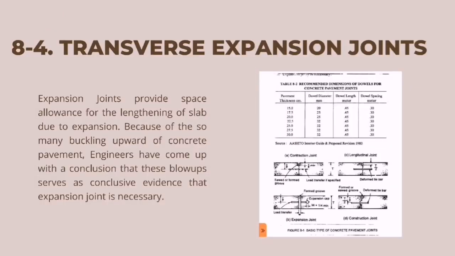Transverse expansion joints. Expansion joints provide space allowance for the lengthening of slab due to expansion. Because of the many buckling upward of concrete pavement, engineers have come to the conclusion that this blow-up serves as conclusive evidence that expansion joint is necessary.